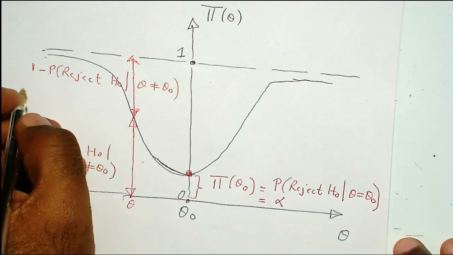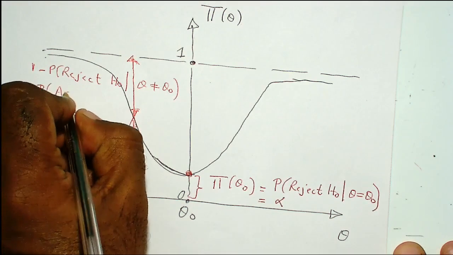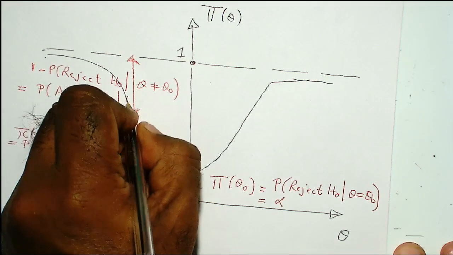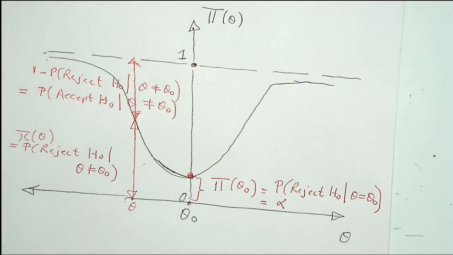Which is the same as saying the probability that you accept H0 when theta is not equal to theta 0, because it's by the negation rule, right? The negation of rejecting H0 is accepting H0.